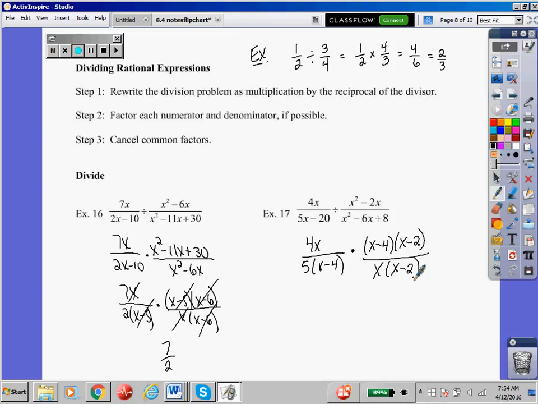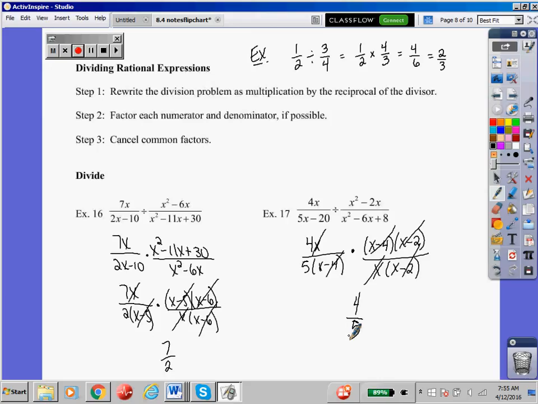If that's too much for you, don't do it. Take your time and flip it first, then factor. But if you can handle it, try to do it in one step there. So now, my x minus 4 cancels, my x minus 2 cancels, the x's cancel, and I get 4 over 5.